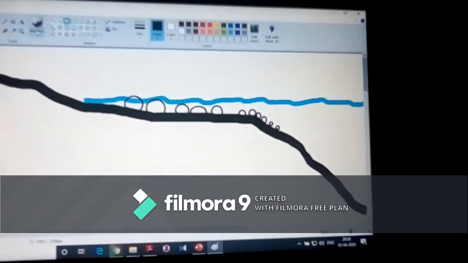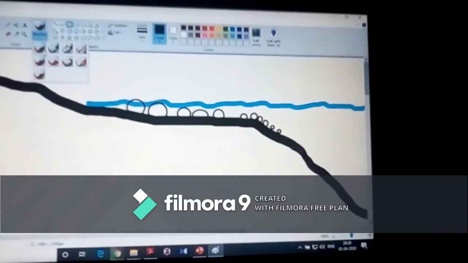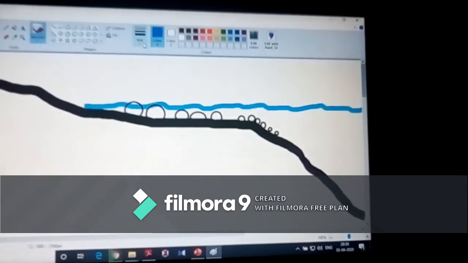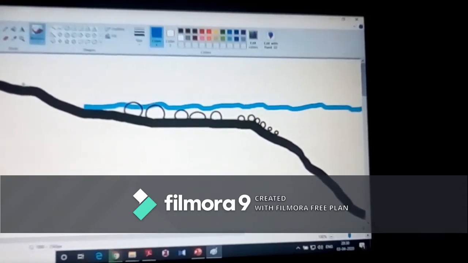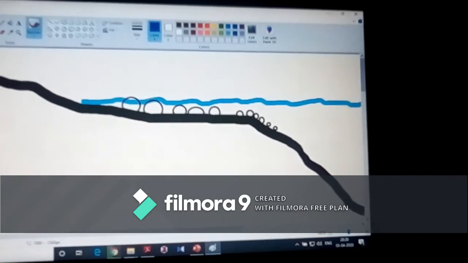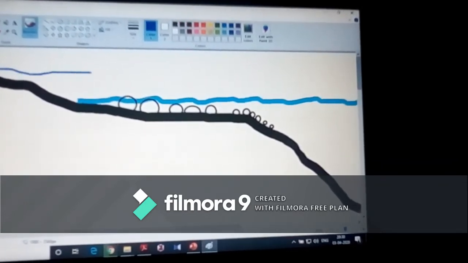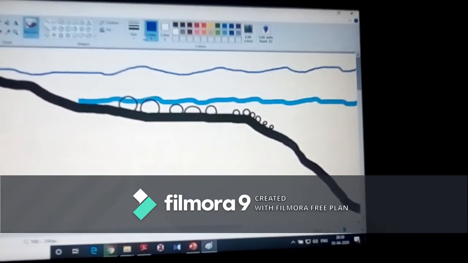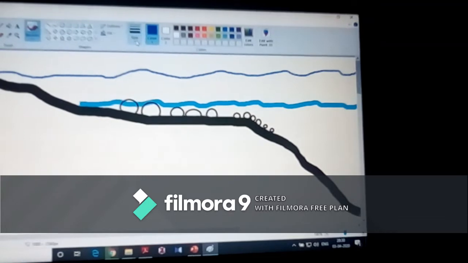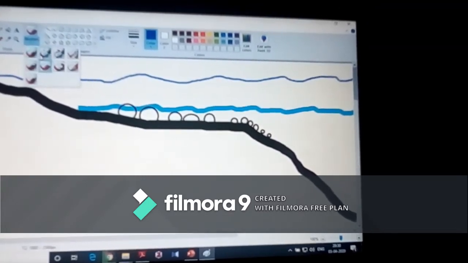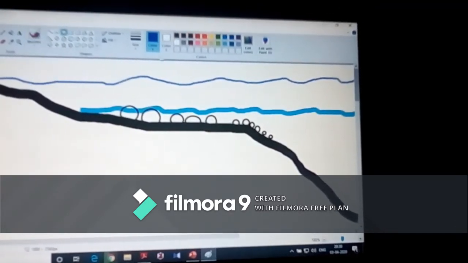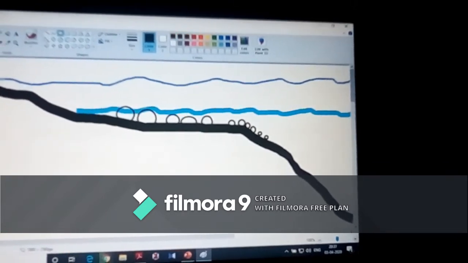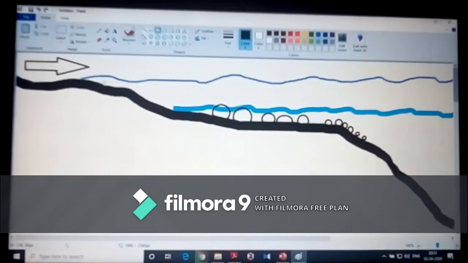Now, if we draw another mean sea level of time T2, suppose in time T2 this is my mean sea level, and in that time my deposition starts from here.